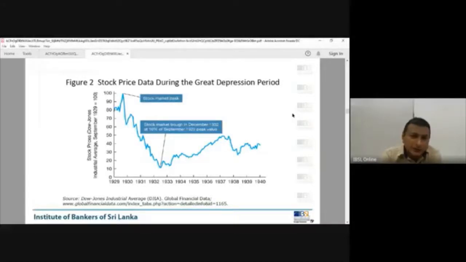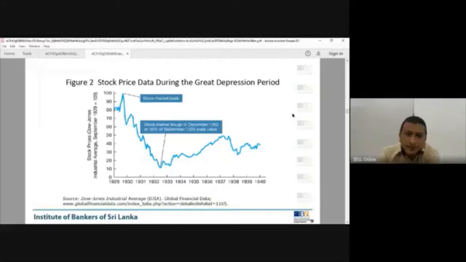So this Dow Jones, you see it's 1929 equals 100, then it almost loses its value to about 10 index points. So from 100, it has come to 1/10 of the values that prevailed in 1929, by 1933. So in a 4 year time period, you have seen the stock market crash.